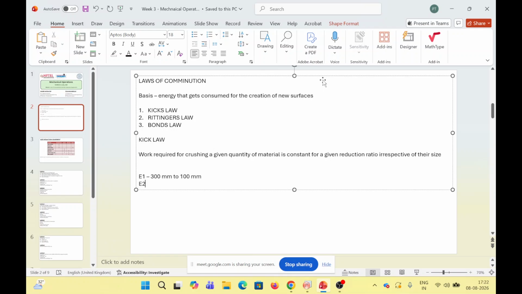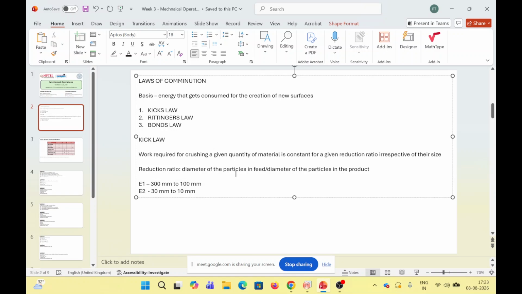Now you have another process, wherein you are going to break a particle which is 30 mm in diameter to 10 mm in diameter. So what this says is the reduction ratio. Reduction ratio is defined as the diameter of the particles in feed to the diameter of the particles in the product.